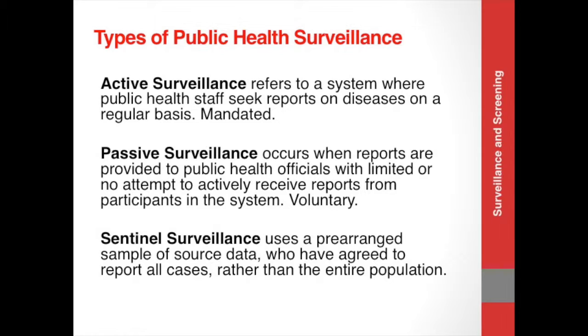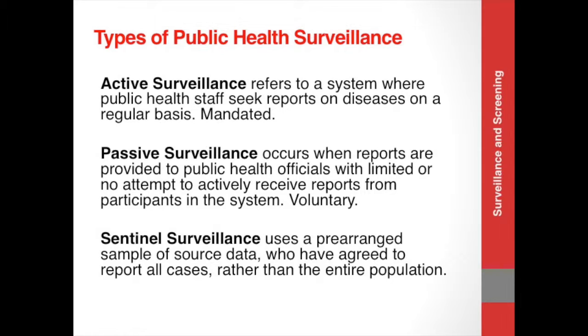In active surveillance, you search out the cases of disease. The organization conducting surveillance initiates procedures to obtain reports, such as regular telephone calls or visits to physicians or hospitals. The method is costly and labor-intensive. However, it provides a more complete estimate of disease frequency.